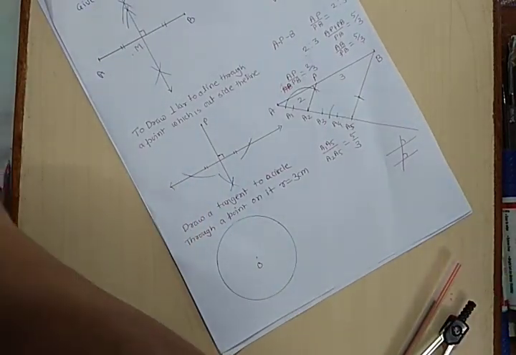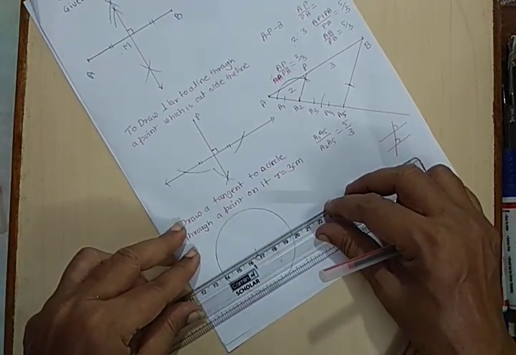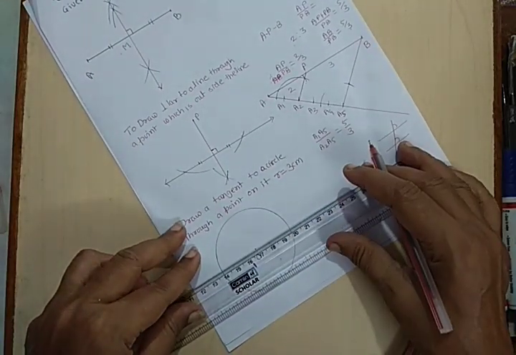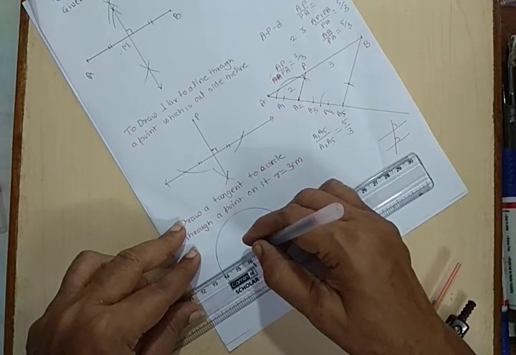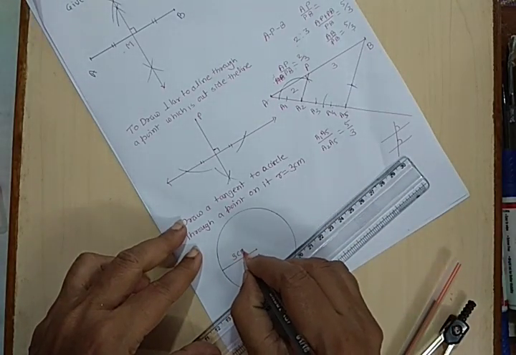Now I am going to tell that this circle is of radius 3 centimeter, so here I write 3 centimeter.